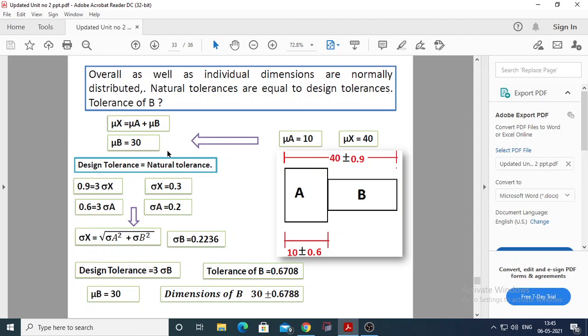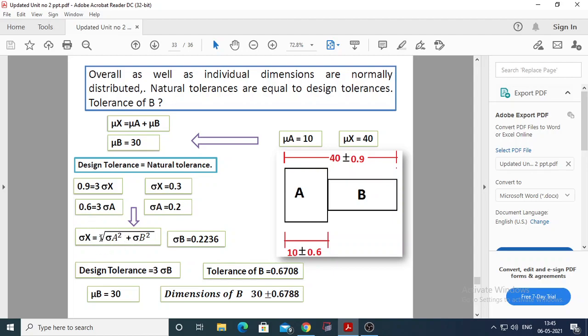The second condition given is that natural tolerances are equal to the design tolerances. Here the natural tolerance given is 0.9 is equal to 3 sigma x, so you will get sigma x is equal to 0.3. And 0.6 is equal to 3 sigma A, so you will get 0.2.